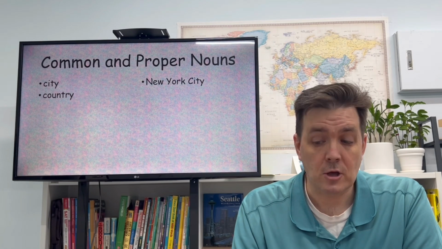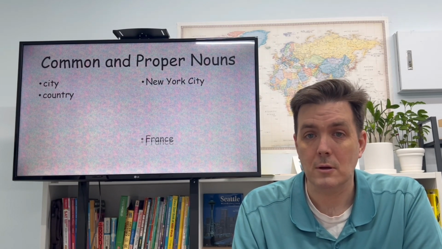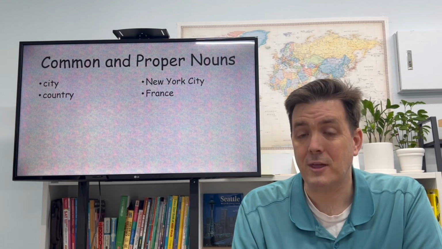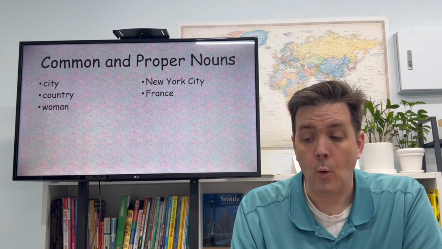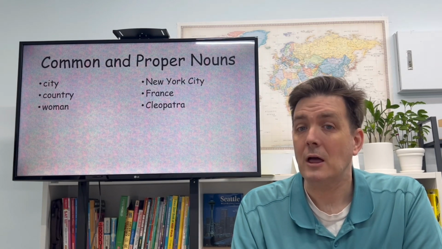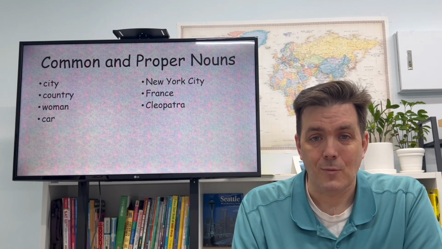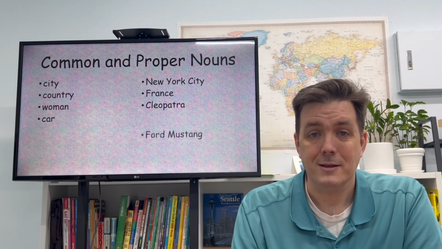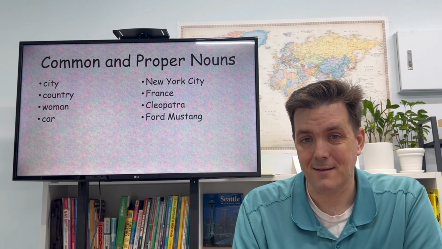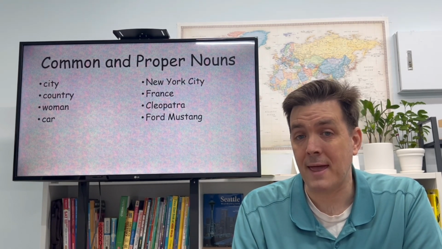How about this? Country, well, a very beautiful country in Europe is called France with a capital F. A woman, well, a famous woman in history was named Cleopatra. A car, well, a great American car is called the Ford Mustang. So again, capital F, capital M.